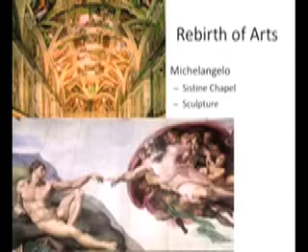And Michelangelo is a good example of how individual achievement was something that was highly valued during the Renaissance. Individual achievement, and the artist was really kind of a creative genius. Another example of that is Leonardo da Vinci, who we saw earlier, the Mona Lisa. He was very interested in the human body. He did all kinds of dissections of people to try to understand what human anatomy was like.